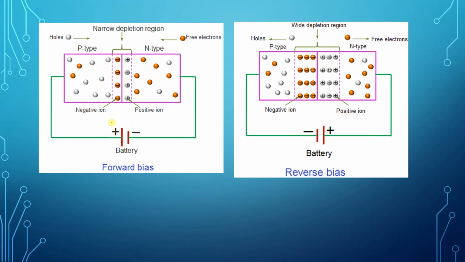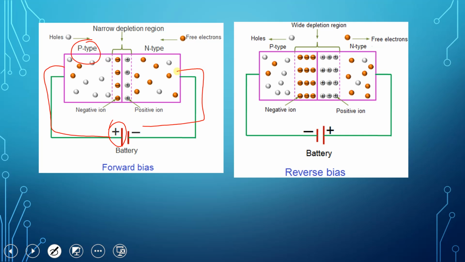Now for forward biasing, the positive of the battery is connecting to the P-type, and negative of the battery is connecting to N-type. So this is the forward biasing. In the forward biasing, the current is flowing, and because of the flow of the electrons, the depletion layer width is narrow.